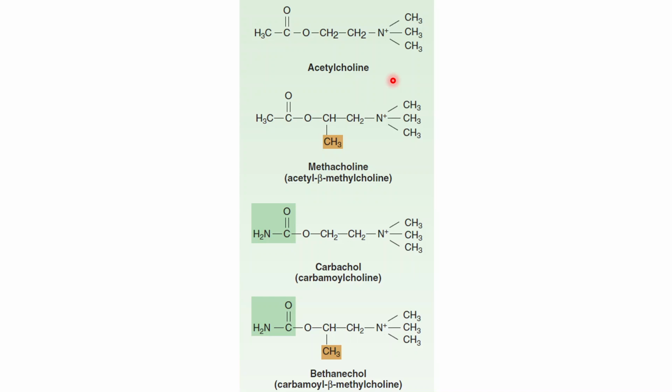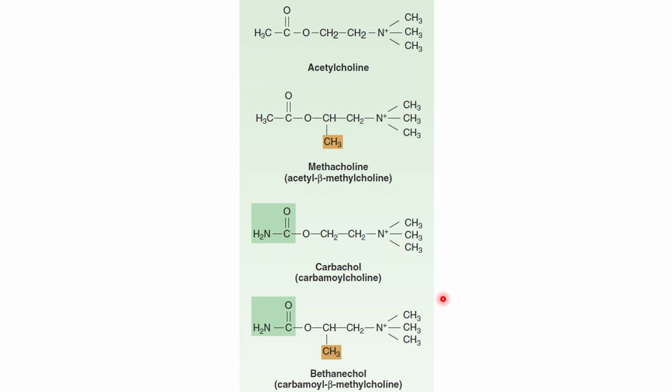That is why acetylcholine is not used in clinics. Methacholine is more resistant to hydrolysis, and the carbamic acid esters carbachol and bethanechol, because of this carbamide group, are more resistant, and they have a longer duration of action.